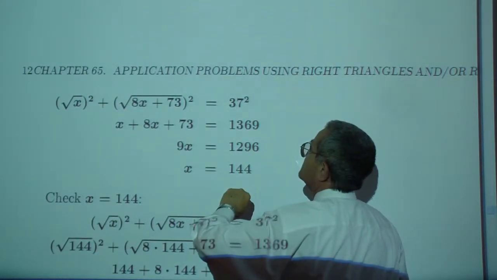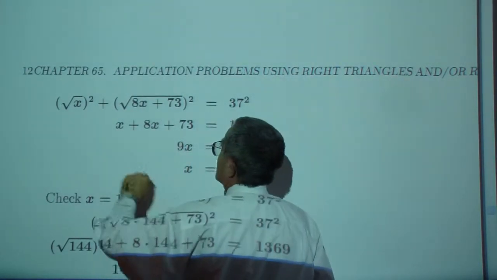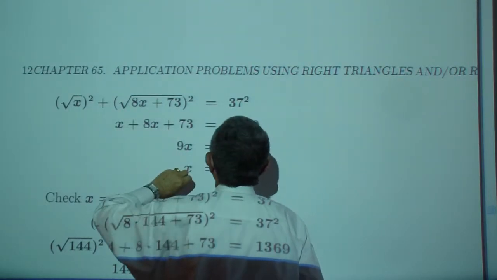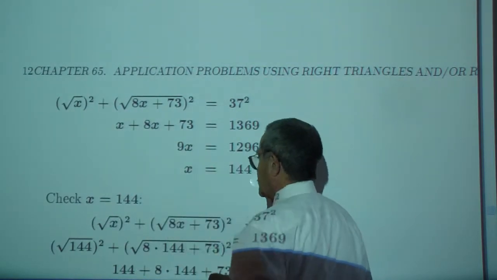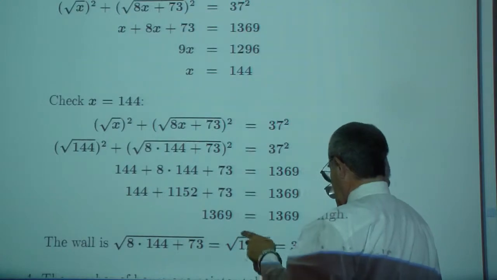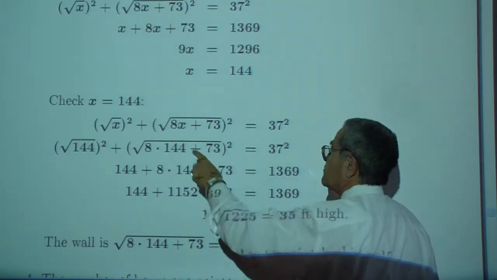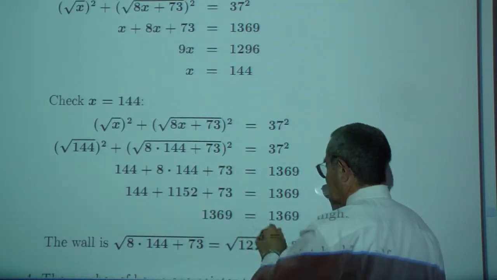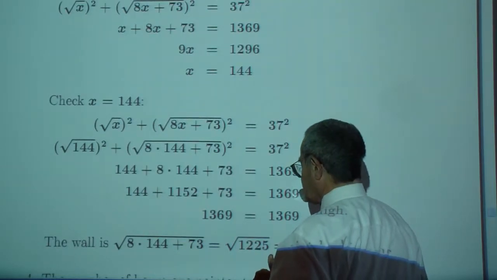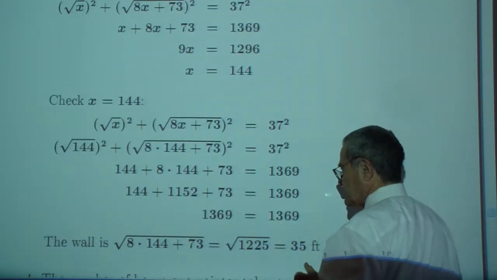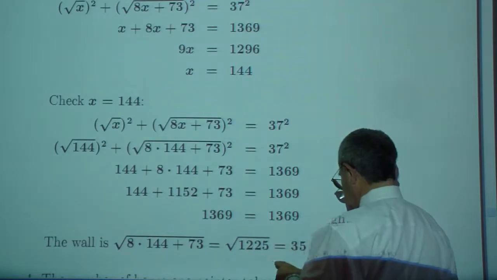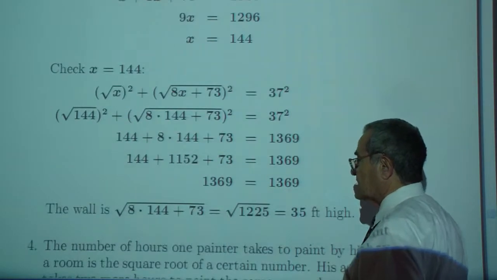Square this square root, square that square root, crank it out. X is 144. And 144 checks out, so that's a root, that's an answer. And then the wall is the square root of 8 times 144 plus 73, or 35 feet high.